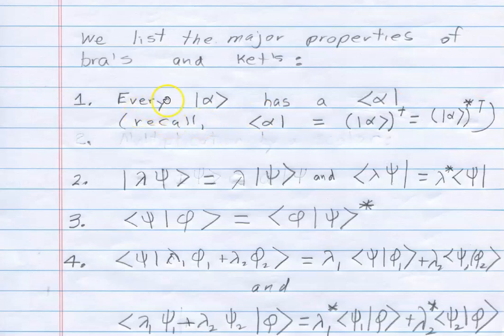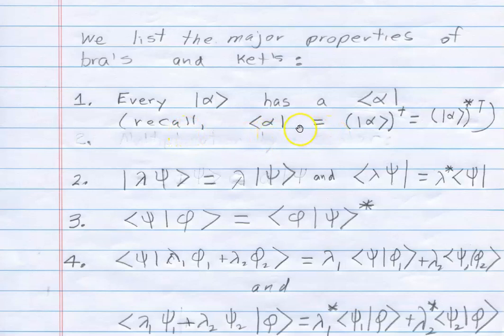First thing is that for every ket vector, here I've got alpha as the label of it, this would be like alpha vector in a certain sense, every ket vector has a corresponding bra vector that carries really the same amount of information in both.